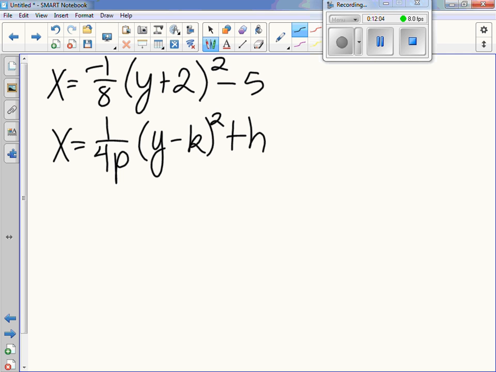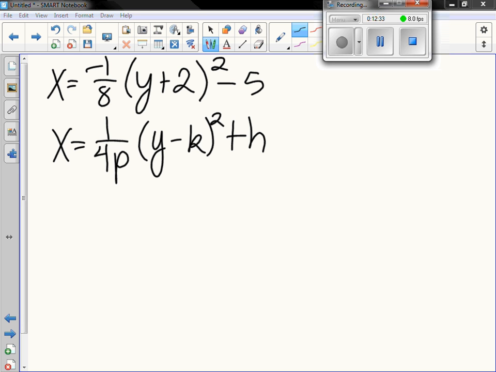Yes? Now this one here, you have to be careful. Because is h still inside the parentheses? Wait, no. Because on the other one, we had y equals. Now we have x equals. So that means it changes this. It changes the value of h and k. They switch, because now k is inside the parentheses, where on the last one it was outside. So that makes some differences here.